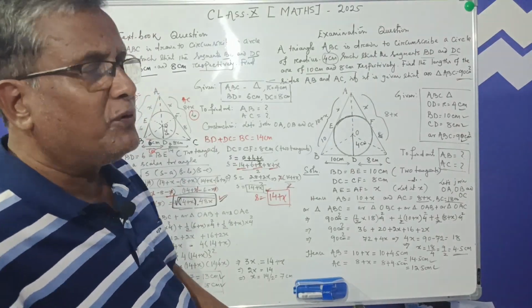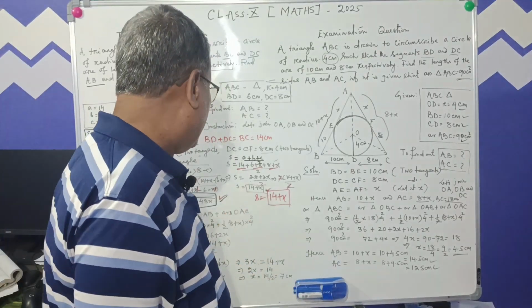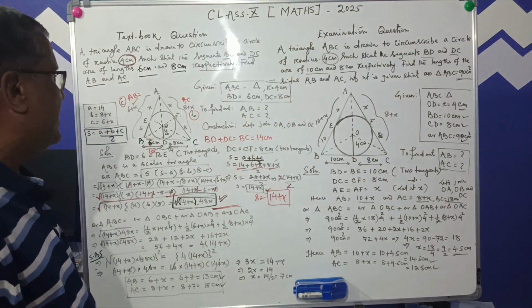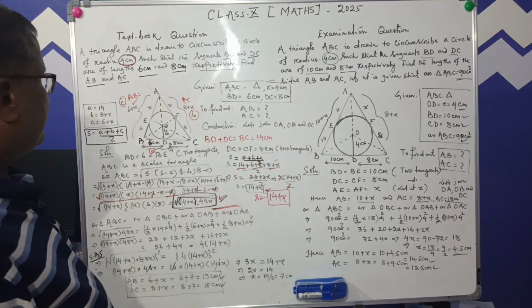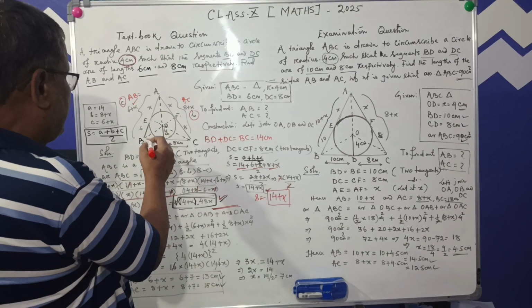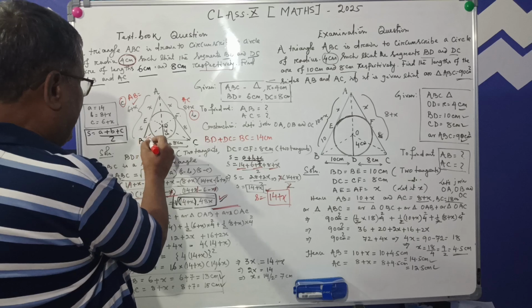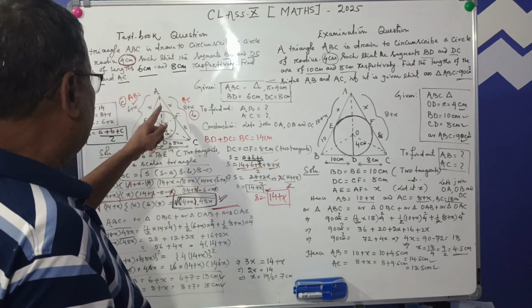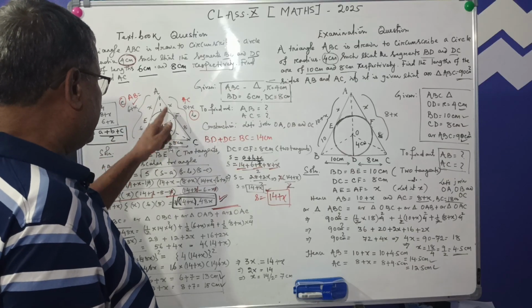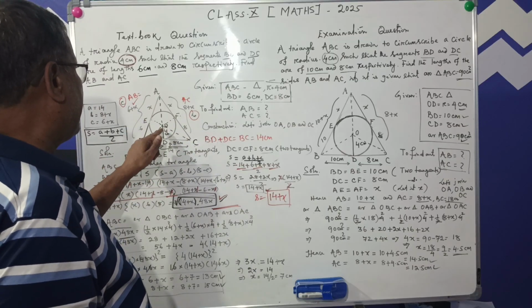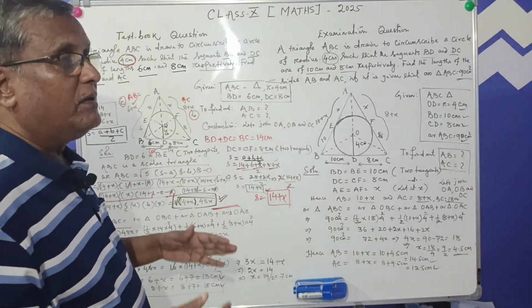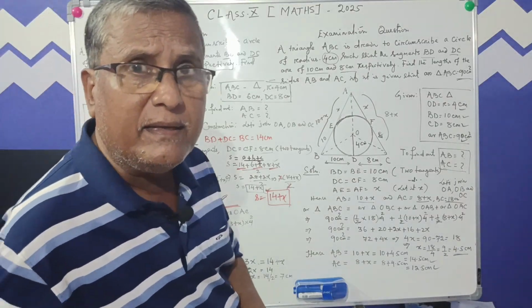Then the first phase is over. Now the second phase, what we have to do. Look at it: the area of triangle OBC plus the area of triangle OAC plus the area of triangle OAB is equal to the area of the triangle ABC.